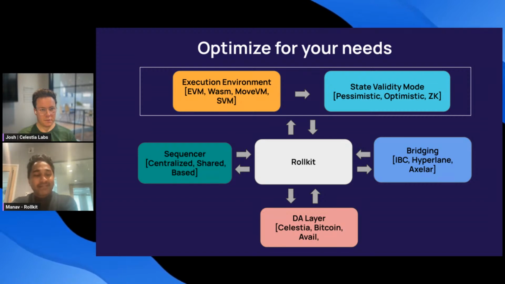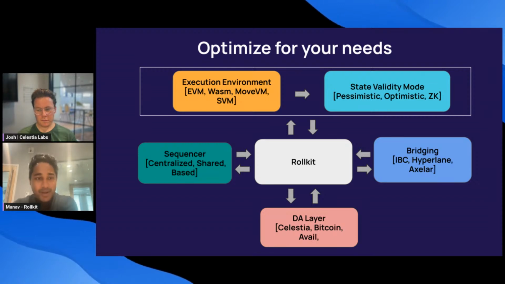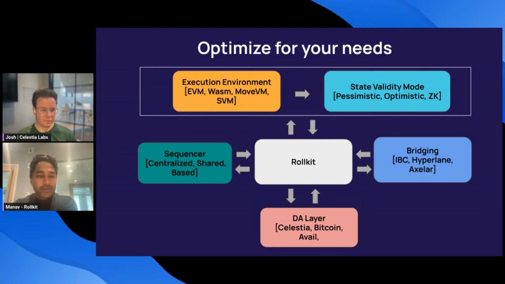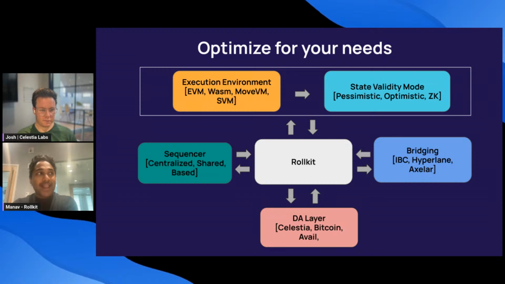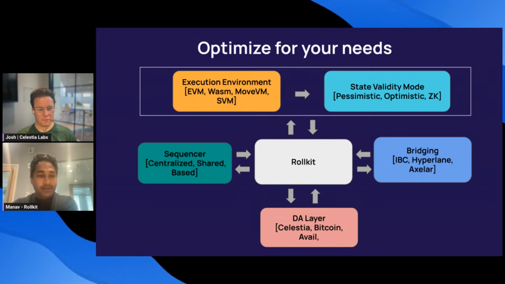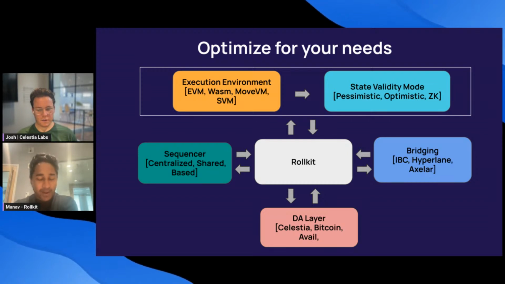I'm also excited about the different execution environments that are coming in, and how you would have different proof systems and different state validity modes for them. More generally, I'm excited about enabling more degrees of freedom and giving developers more choice. That allows a bigger community of developers to use Rollkit and have their own sovereign chain. I think that's very powerful.